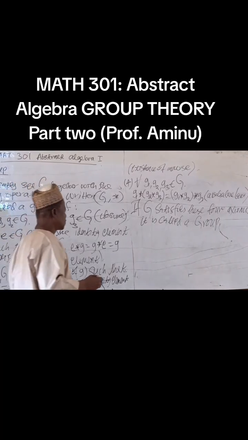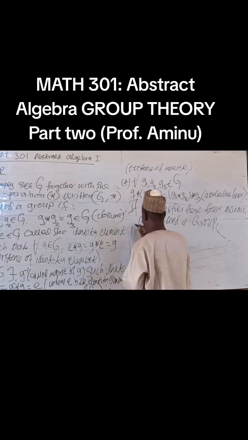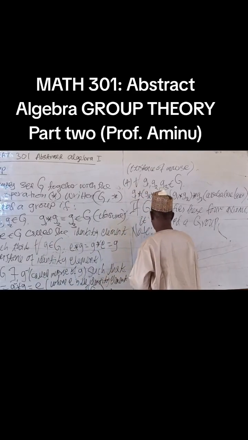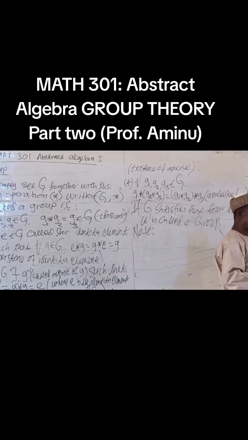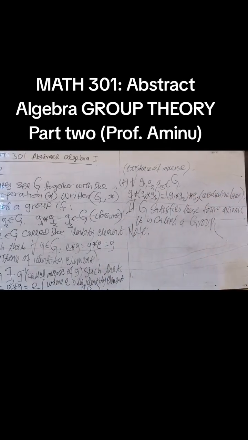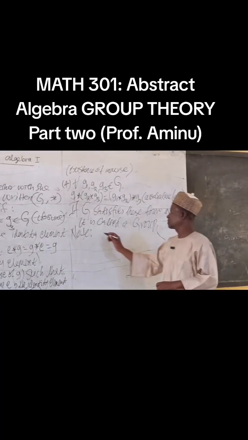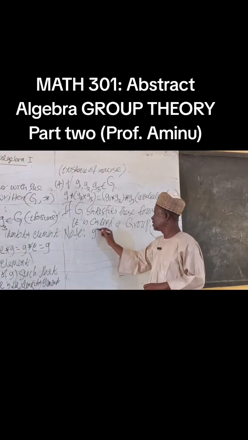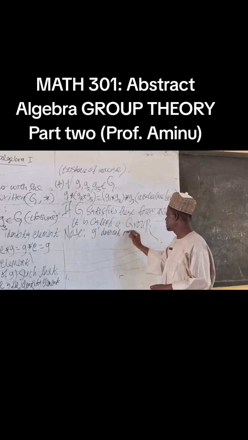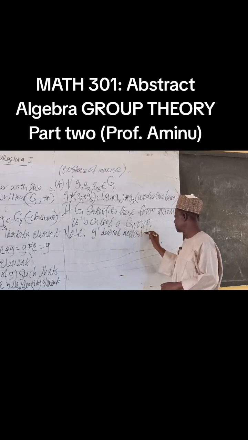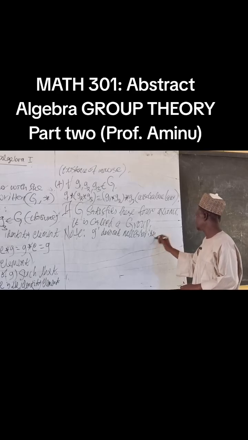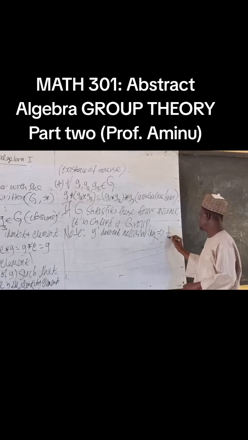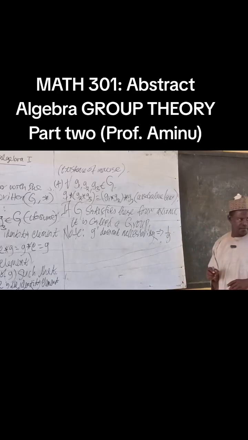Now, note. There are things we should note. When we say inverse of an element, when we say G inverse, it does not necessarily imply 1 over G. Okay?